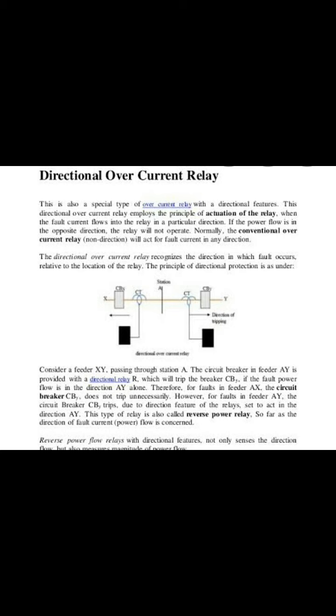Consider a feeder XY passing through station A. The circuit breaker on feeder AY is provided with a directional relay R, which will trip the breaker CB if the fault power flow is in the direction AY alone. Therefore, for a fault in feeder AX, the circuit breaker CBY trips.